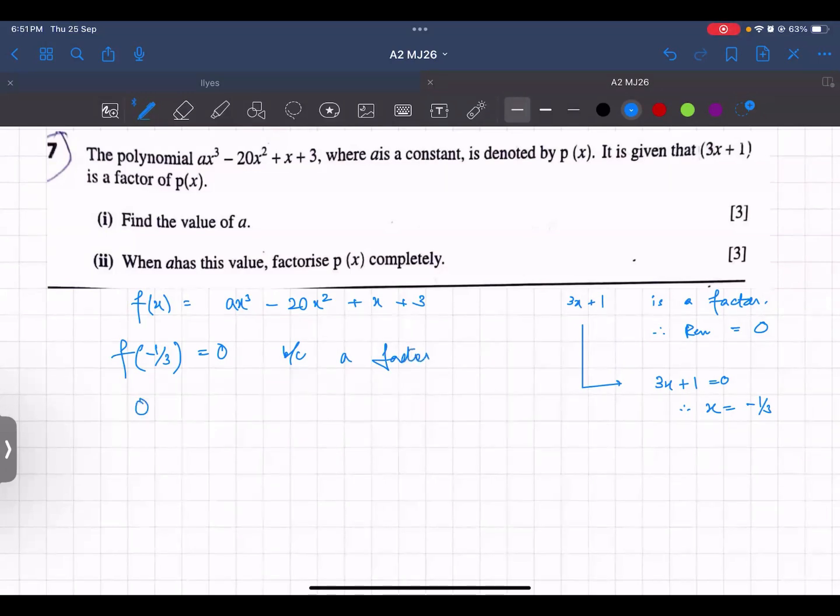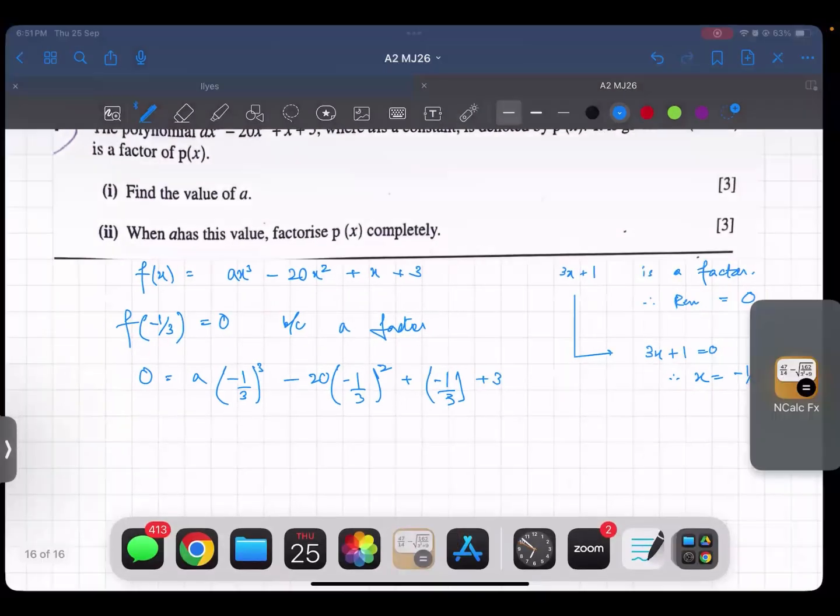So your equation becomes 0 is equal to a times negative 1 upon 3 cubed, minus 20 times negative 1 upon 3 whole squared, plus negative 1 upon 3, and plus 3. And then you can use a calculator.